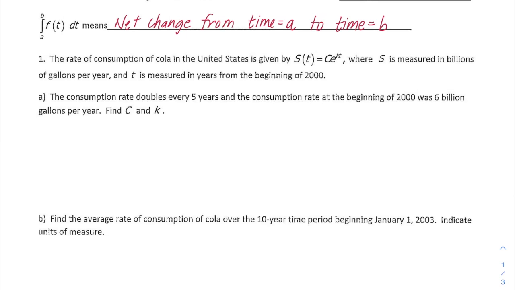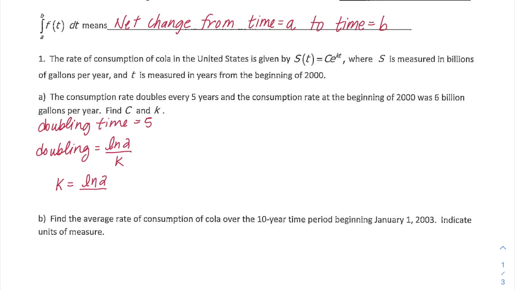When it says our doubling time is 5, we had a formula that said doubling time equals ln2 over K. So that means K must equal ln2 over 5, which is our doubling time. So there's K right there.